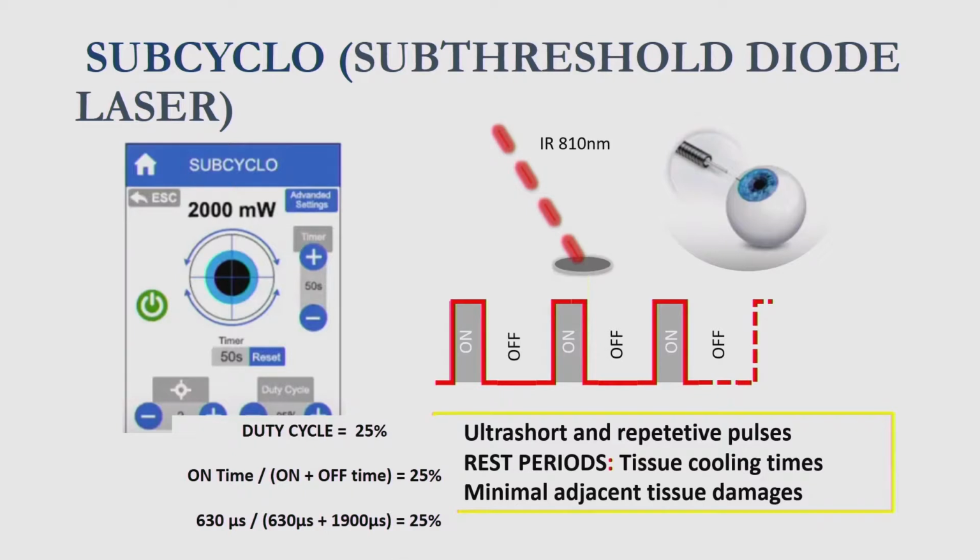It consists of time on, followed by a long cooling time, which is time off. The cooling time avoids energy build-up, and the targeted tissue can cool between laser pulses, avoiding the appearance of coagulative necrosis and tissue damage.